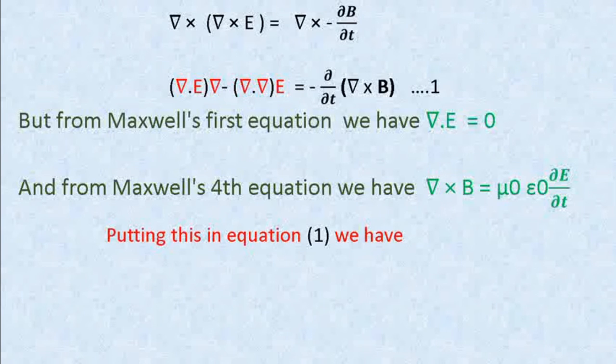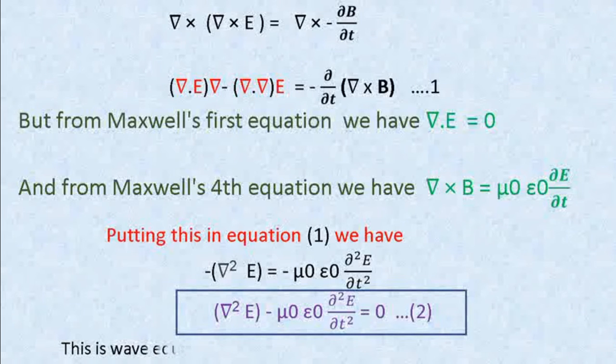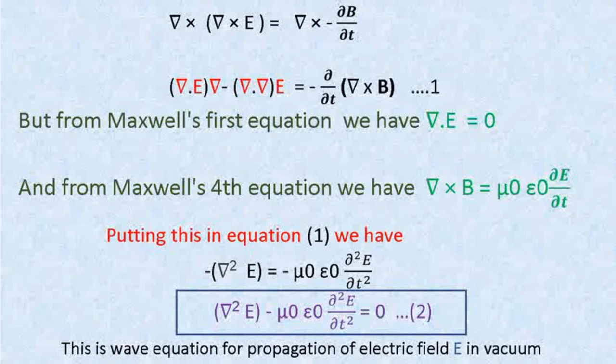Putting this in equation 1, we have minus del square E equal to minus mu naught epsilon naught double differentiation of E with respect to time, and arranging it we will have this equation in this form, and this is the wave equation for propagation of electric field E in vacuum.